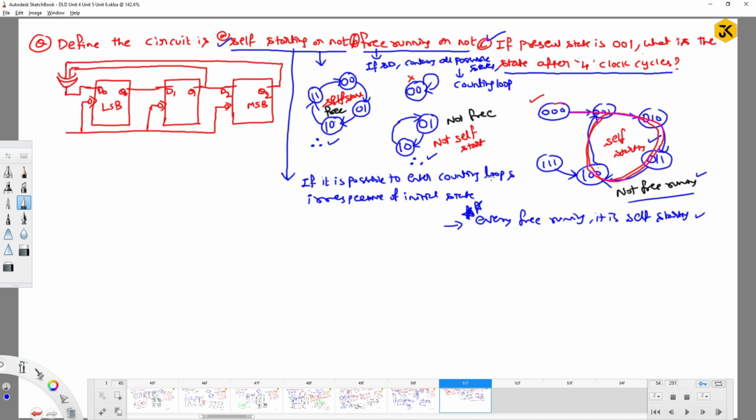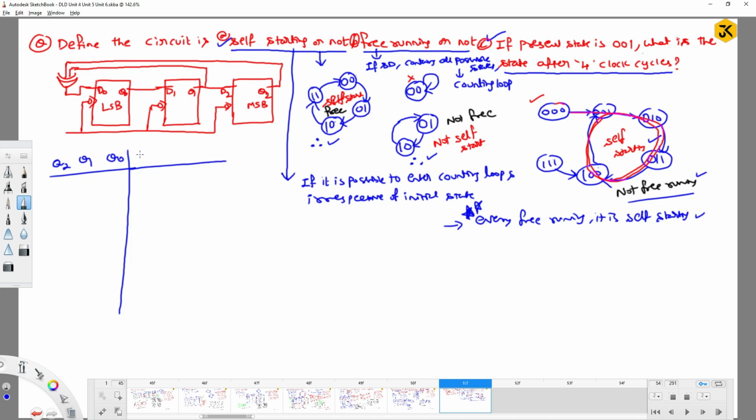Okay, fine. Now, once you know the meaning, you have to get the state diagram. How can you get the state diagram for this kind of circuit? You can draw the excitation table. With Q2, Q1 and Q0, you have to identify how it is behaving.